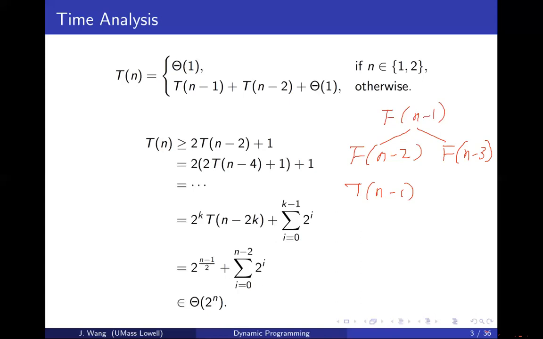Of course, it has 2 parts. One is T of n minus 2. The other one is T of n minus 3. Of course, this is positive, so this is greater than or equal to T of n minus 2.